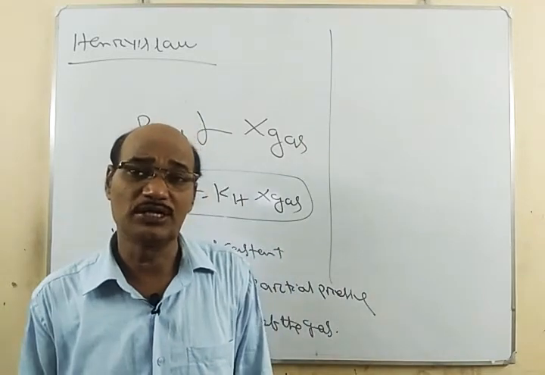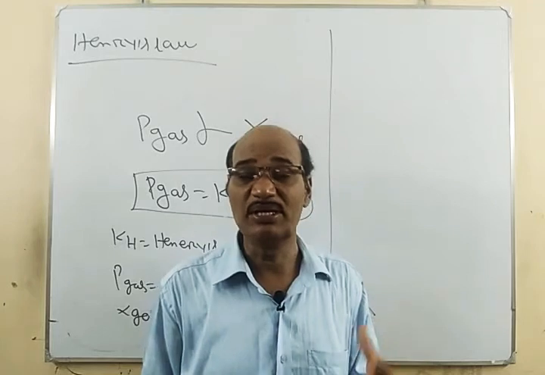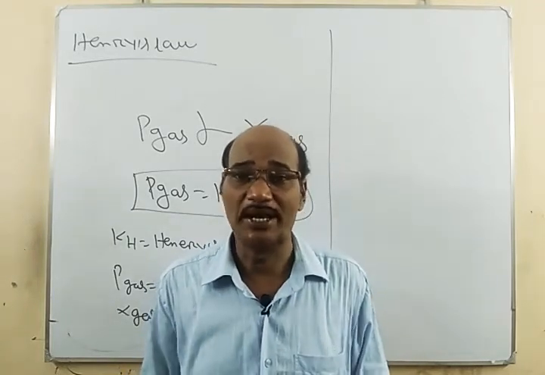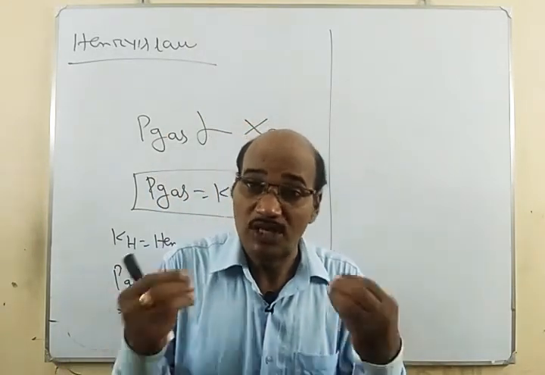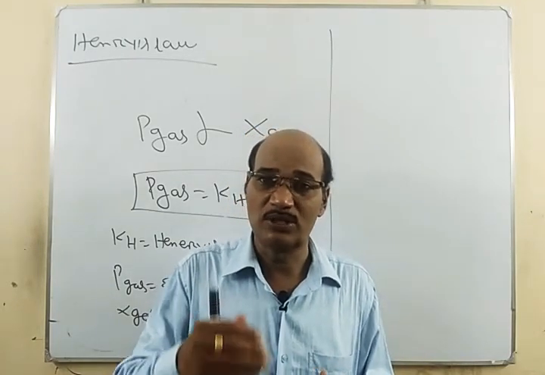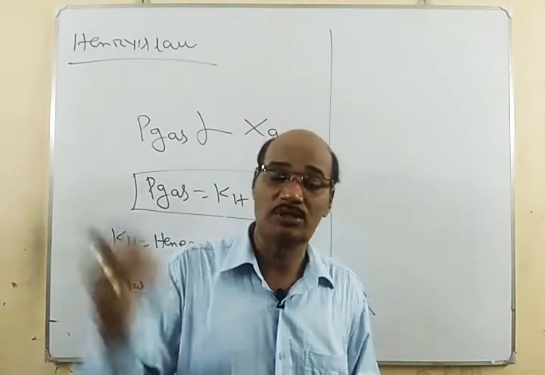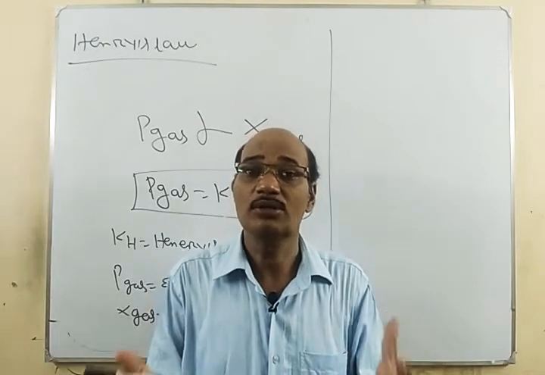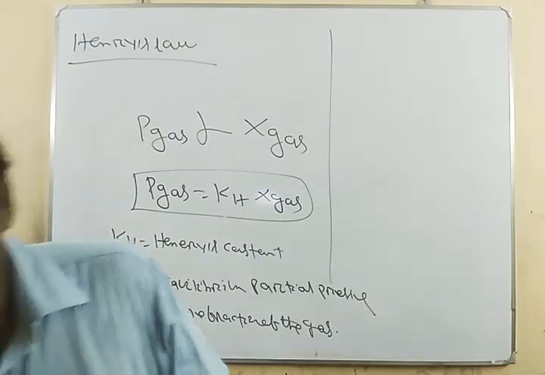That's why we suffer from different kinds of problems, feeling tiredness, anorexia, even being unable to think properly. These things happen when we go to high altitudes, or for a mountain climber. So these problems arise because of what? Because the solubility of the gas is decreasing. Clear? So this is about Henry's law.